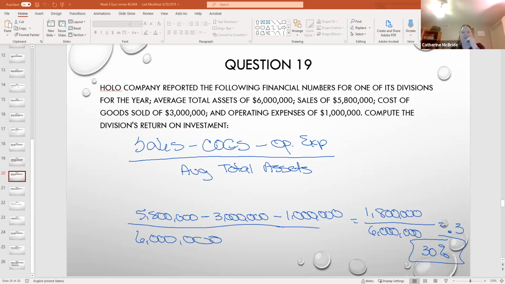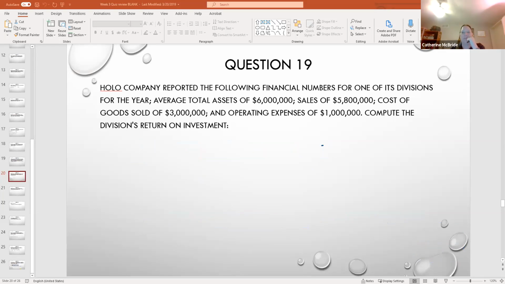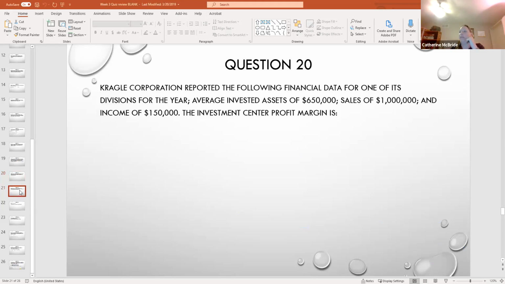The next one's easy too. This is just profit margin. So profit margin is just income divided by sales. By the way, I think the ratios are in the back of your textbook.